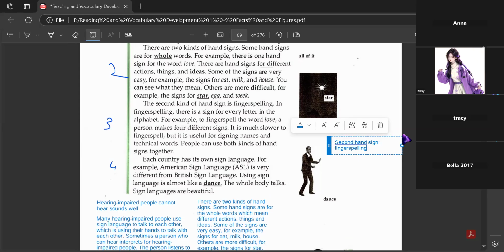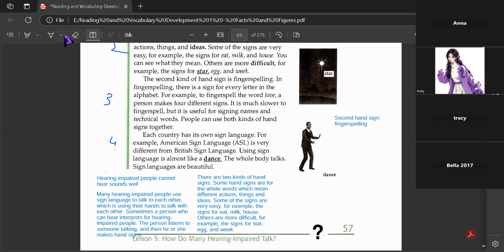Okay, so in finger spelling, people make a sign for every letter in the alphabet. Then we give the example.